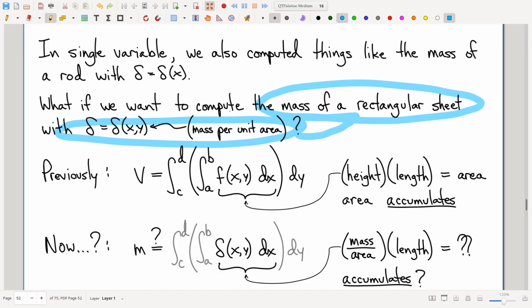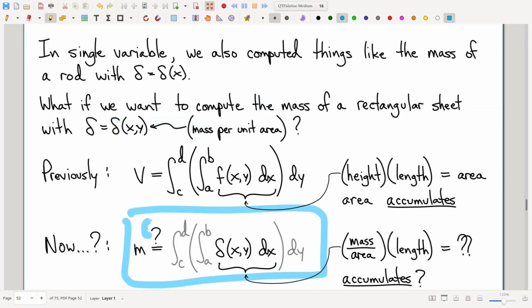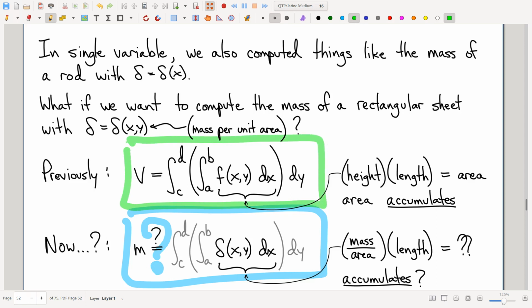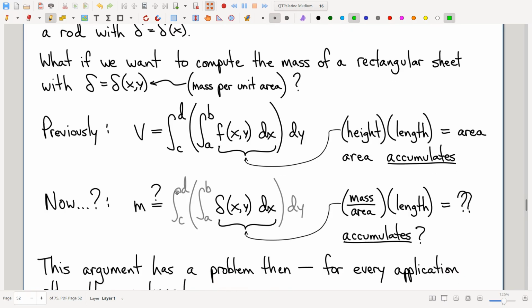So maybe in this two-dimensional case, maybe the mass of a rectangular sheet, maybe we can compute that with the exactly analogous construction. I'm going to put a question mark here because this is just a hope. I mean, it seems like it ought to work. I mean, this computed the volume under a graph. That we know. By analogy with what happened in single variable, can't we just do this? And, yeah, you would think so. But, no.